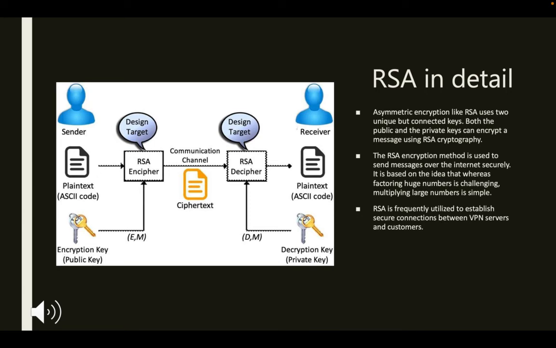It is based on the idea that whereas factoring huge numbers is challenging, multiplying large numbers is simple. It is the initial algorithm used in PGP encryption and was typically used in TLS. Numerous online browsers, email clients, VPNs, chat programs, and other communication tools still support RSA. Additionally, RSA is frequently utilized to establish secure connections between VPN servers and customers.